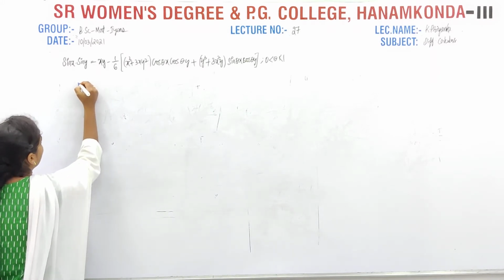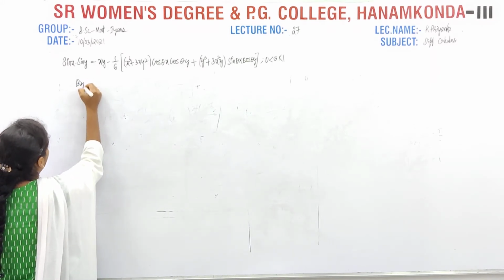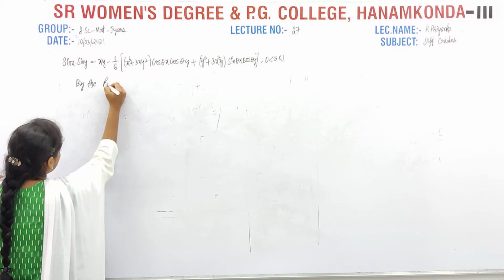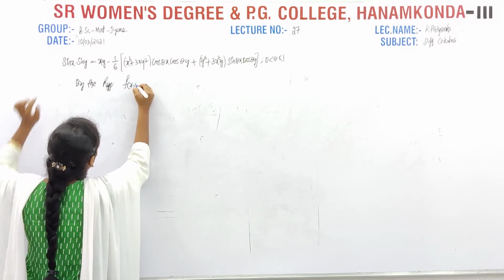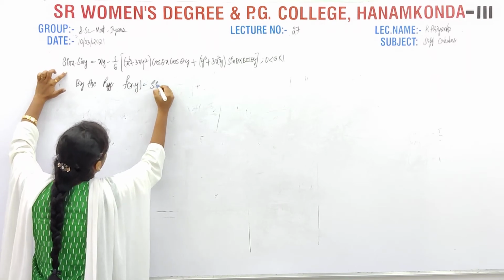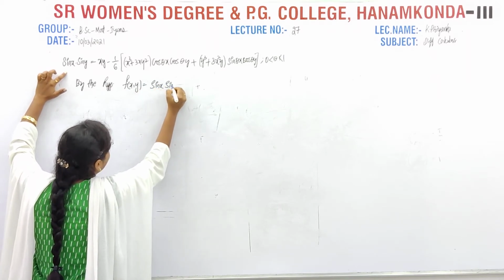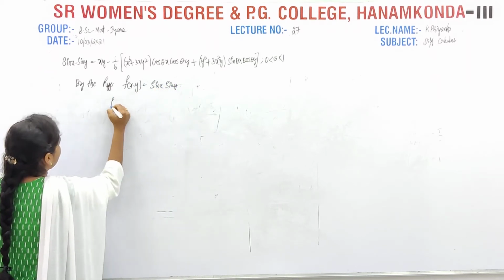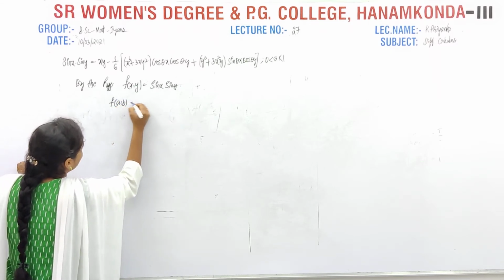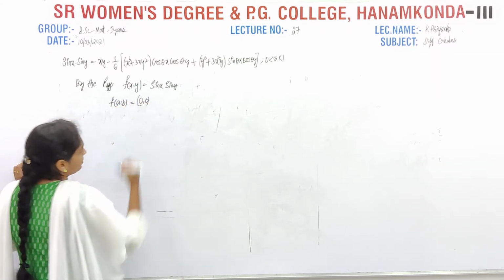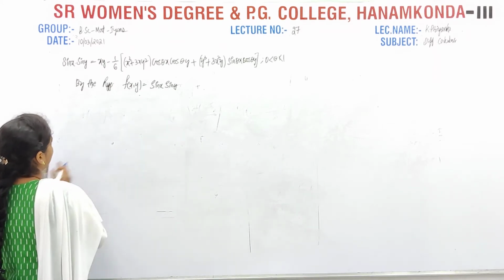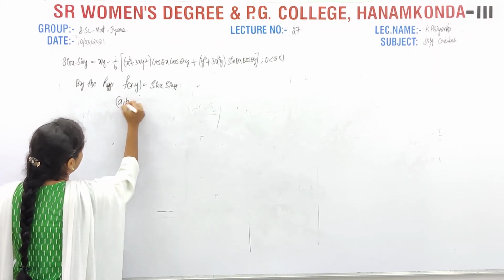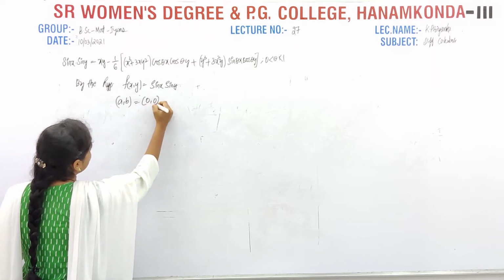So, by the hypothesis, means given information, f of x comma y equal to sin x into sin y. Okay, and here f of a comma b is equal to 0 comma 0. Okay, a comma b point is origin and a comma b is equal to 0 comma 0.